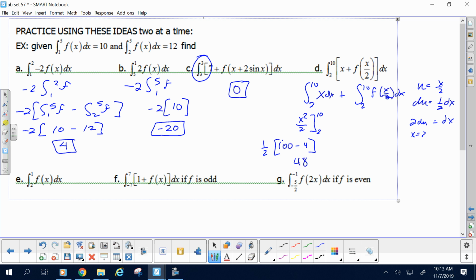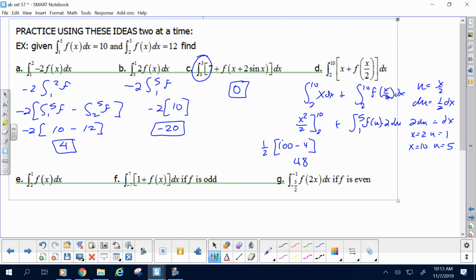When x is 2, u is x over 2, so 1. When x is 10, u is x over 2, so 5. So the problem becomes something like from 1 to 5 of f of u times 2 du.